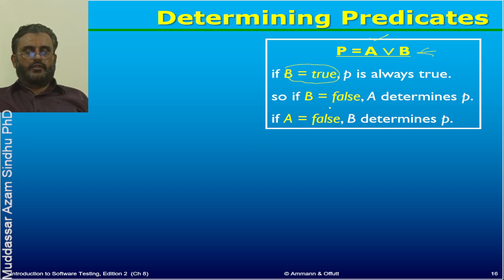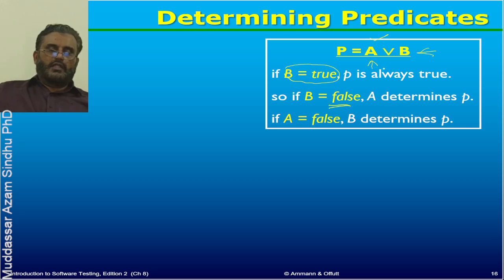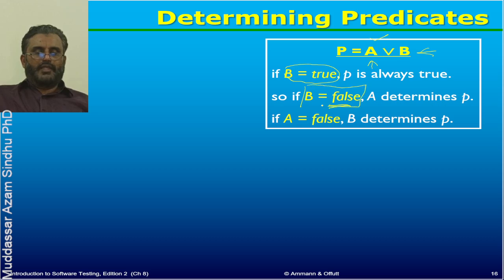But if B is false, then A will always determine the value of the predicate. If A is false, the whole predicate will be false, and if A is true, the whole predicate will be true. So by setting B to false, we make A the determining clause for this predicate, and A will be an active clause. It means that by setting the value of some of the clauses, we can make another clause in that predicate a determining or active clause.